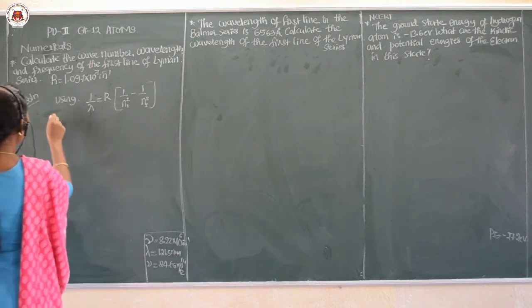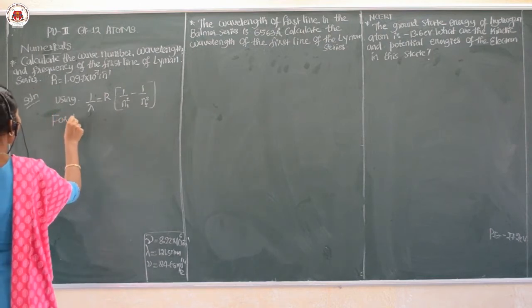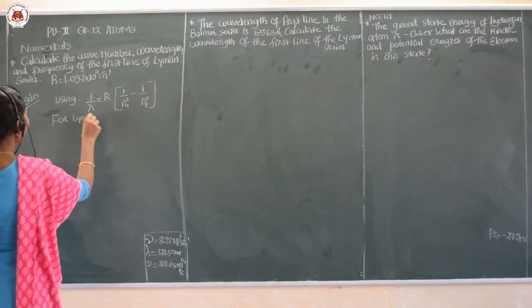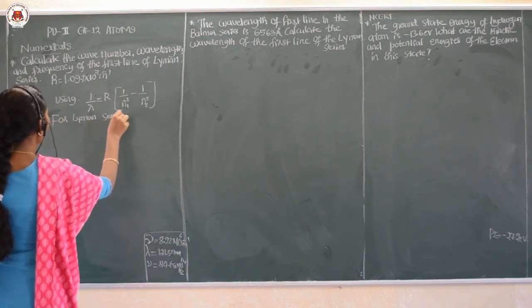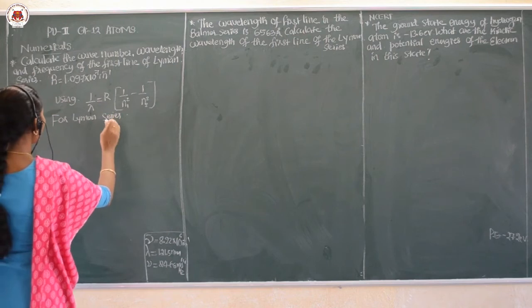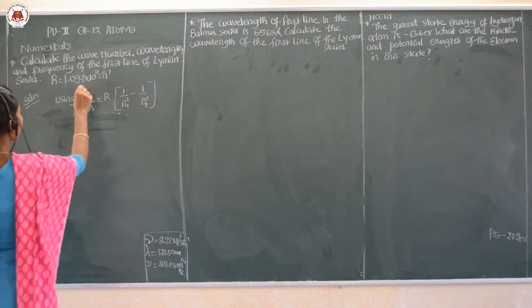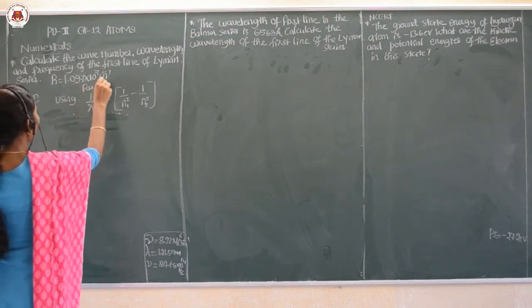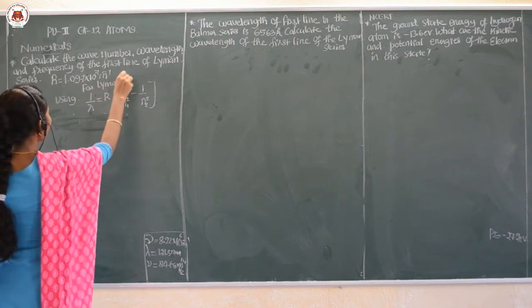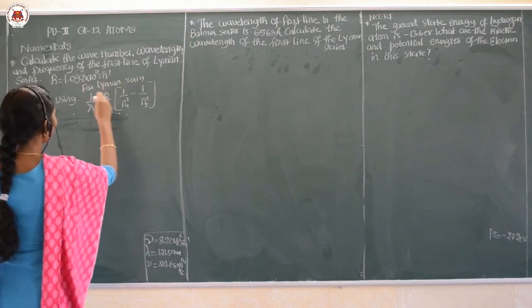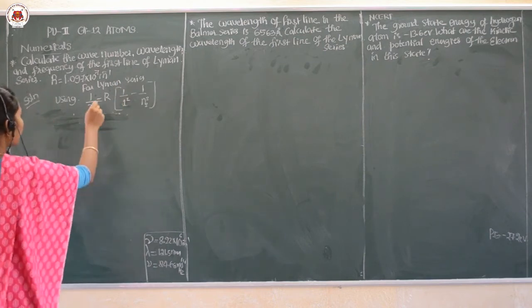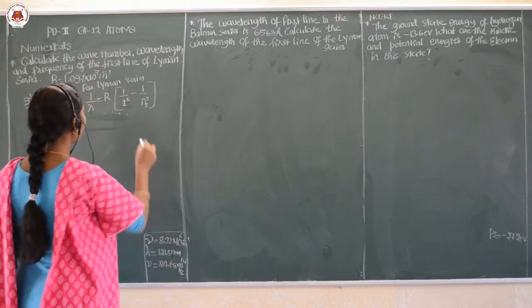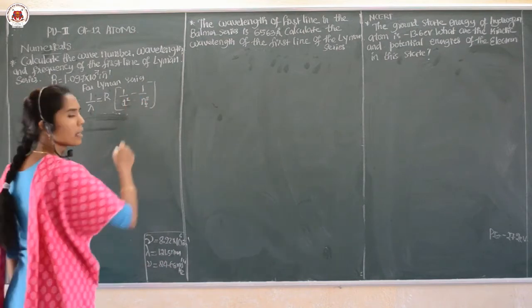And listen here, for the Lyman series, this formula can be written as 1 by lambda is equal to R into 1 by 1 square minus 1 by n2 square.